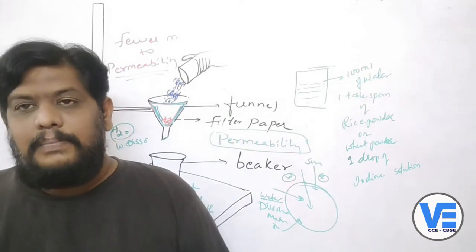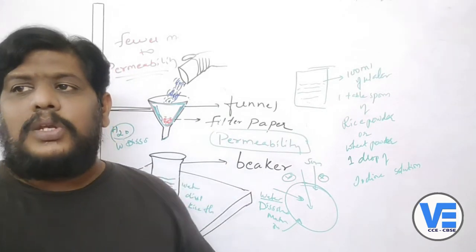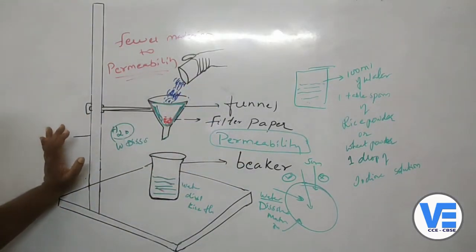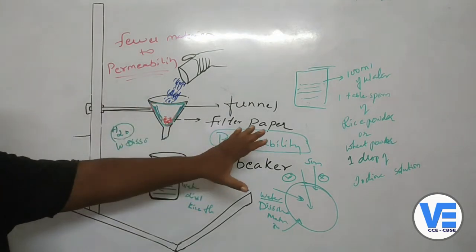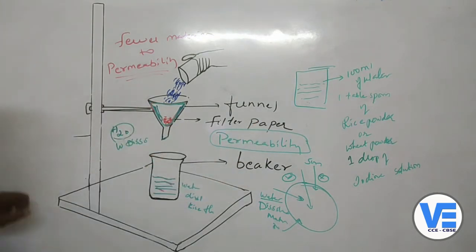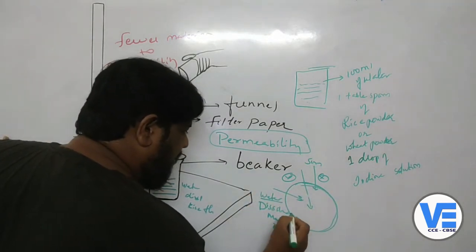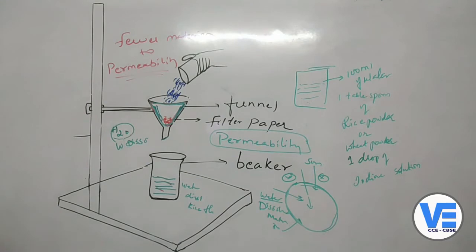It's called permeability. So to know more about the plasma membrane or the cell membrane, we'll go ahead with a few things about the cell membrane. There are some words which describe the cell membrane.